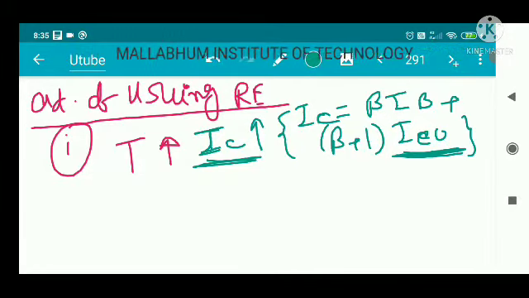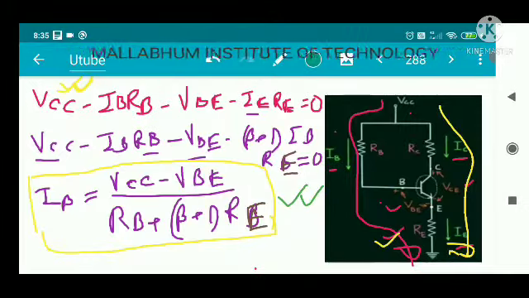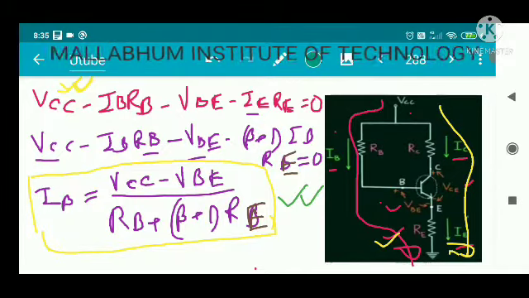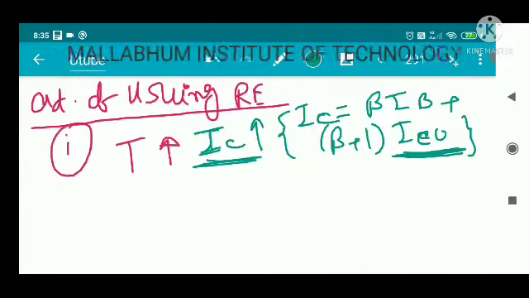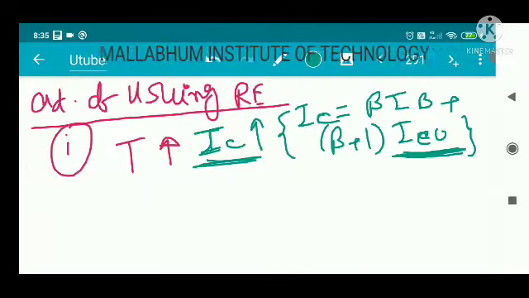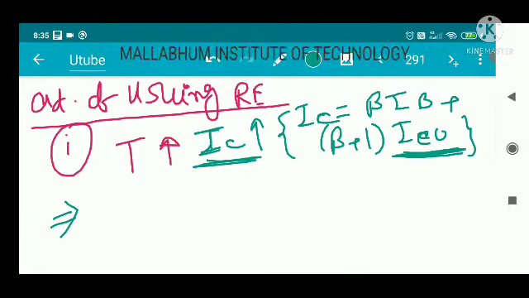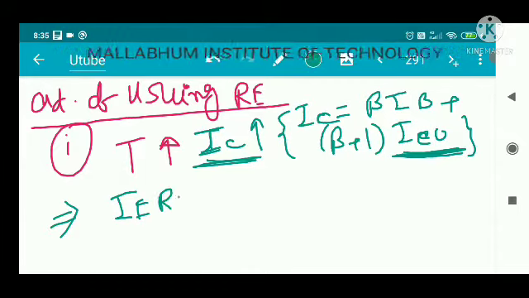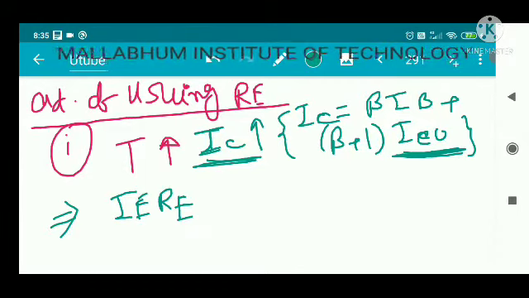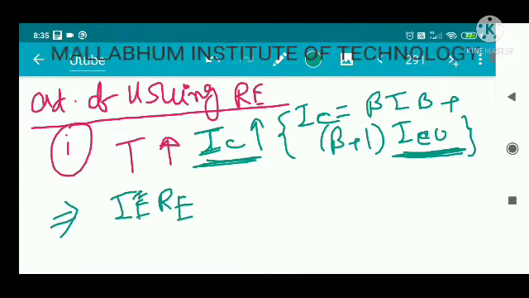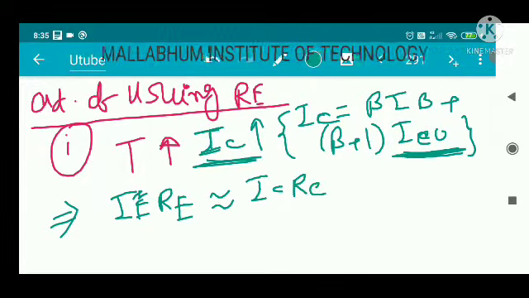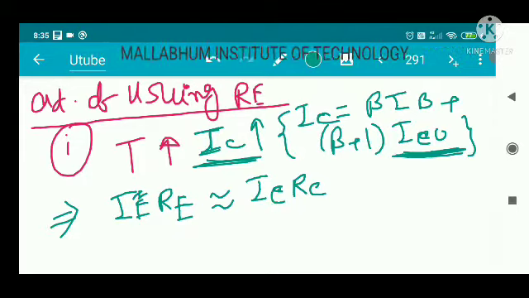Now how will the emitter resistance compensate for that? We know IE is nearly equal to IC. Now this IE-RE can be approximated as IC-RC, because for the transistor IC is almost equal to IE if beta is very large.